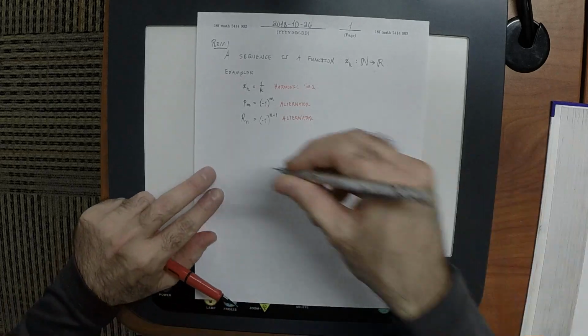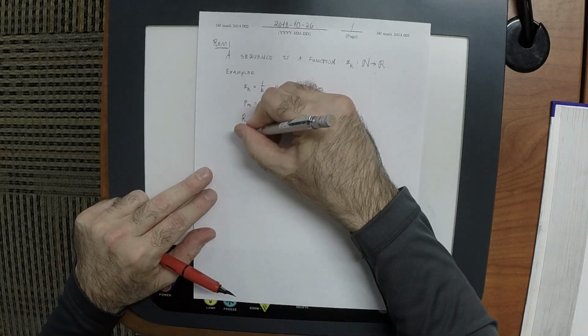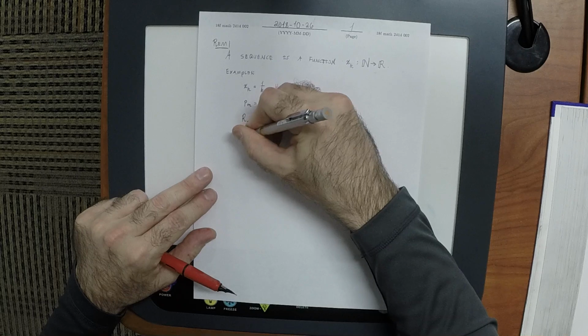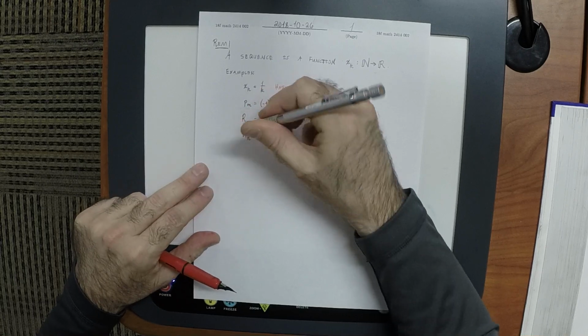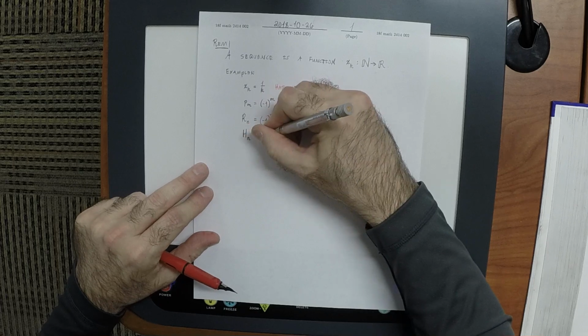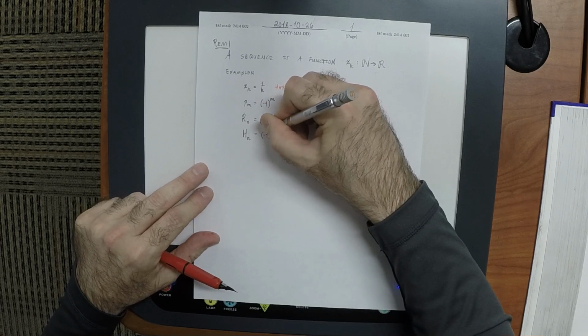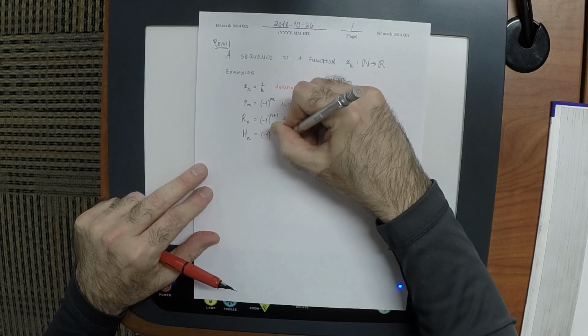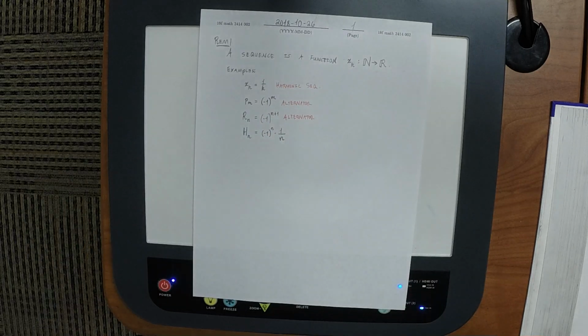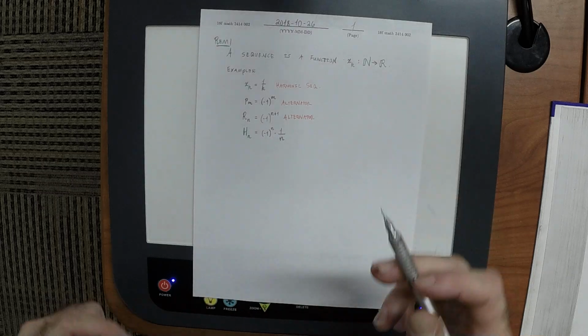Okay, and then if you say H sub n is equal to, say, (-1) to the n multiplied by 1 over n. What I want you to see from this is a combination of two of the ones above.